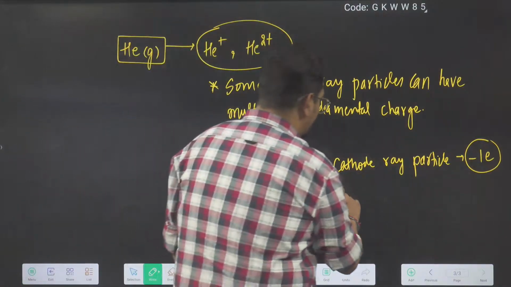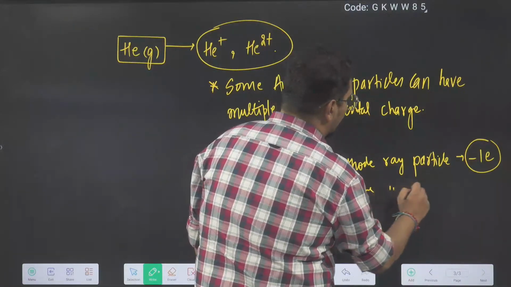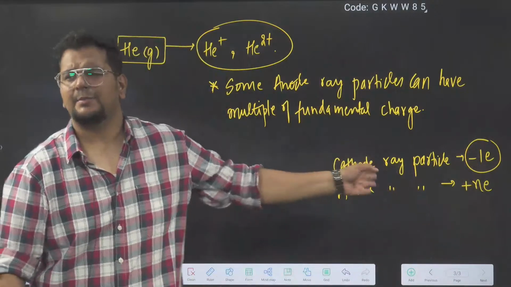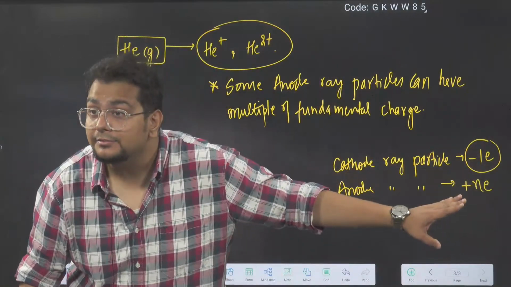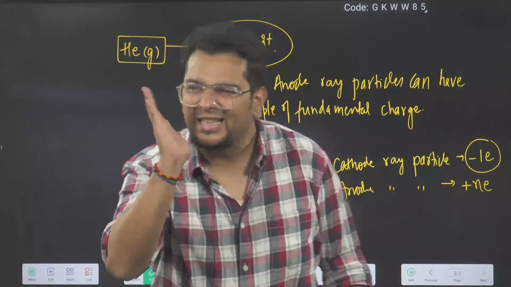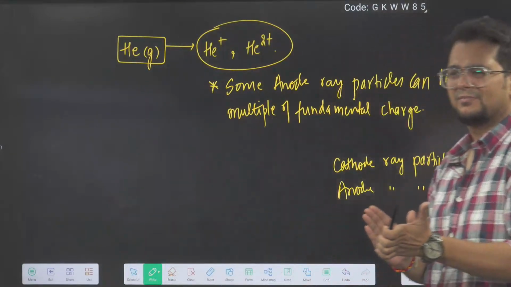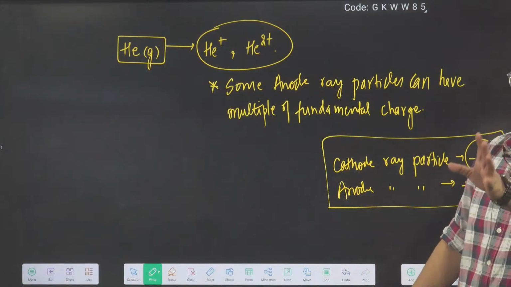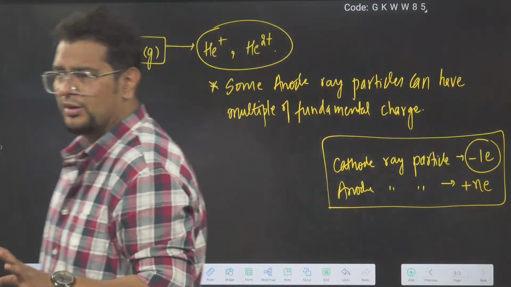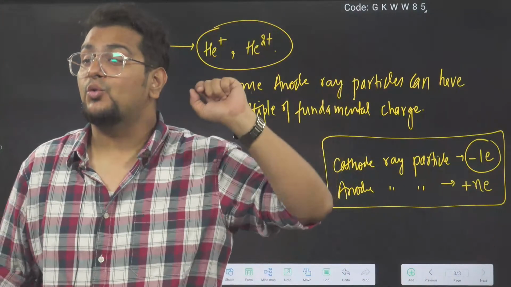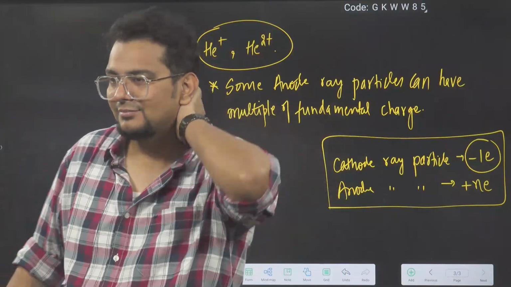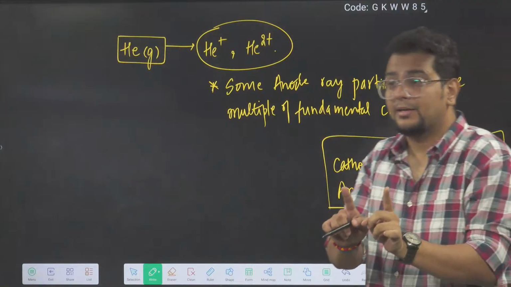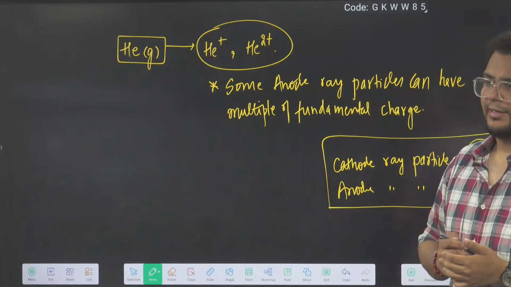But do you agree that anode ray particle can be +ne? It can be 1e, 2e, 3e, depending upon how tightly collision happened. Cathode ray particle is always 1e magnitude, but anode ray particle can be +2 also, +3 also, bhai. Tough to make, but possible to make. Clear or not clear?